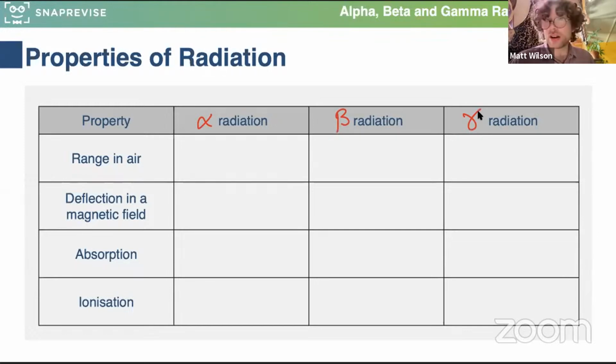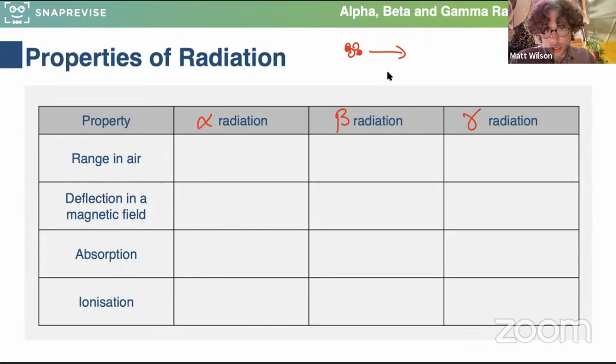And the first thing we're going to ask about, which is going to be important for applications and for assessing the risks of these things, is the range of each of these kinds of particles in air. How far can they get through air? Now, alpha radiation is this big, chunky mini nucleus thing trying to move through the air. It's large, it's very likely to bump into things. As a result, it can't get very far through the air.